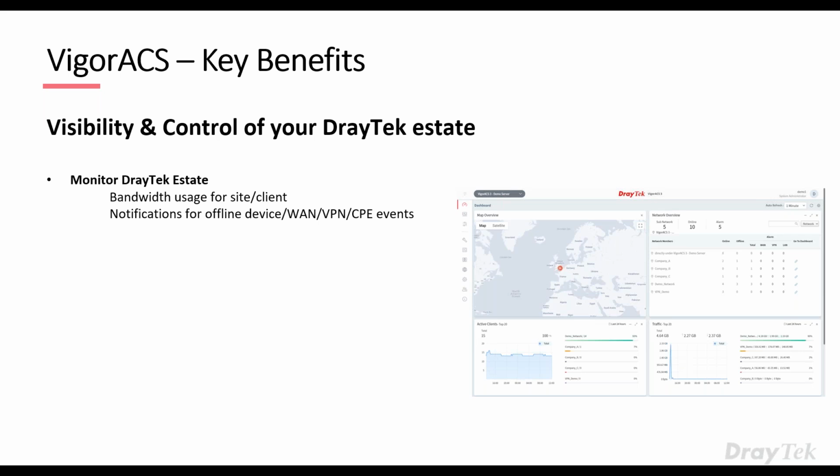Now, this is if the device is not contactable at all, or if there's multiple WAN connections, each individual WAN interface, a notification can be raised for when these individual WAN interfaces go down. Additionally, for VPN and also events that happen locally on the CPE as well.